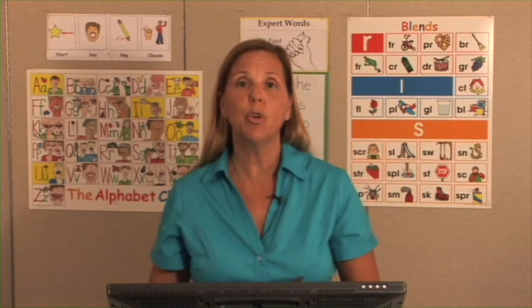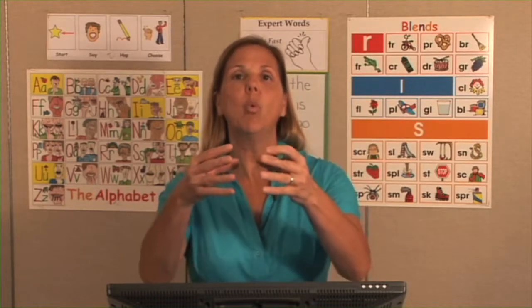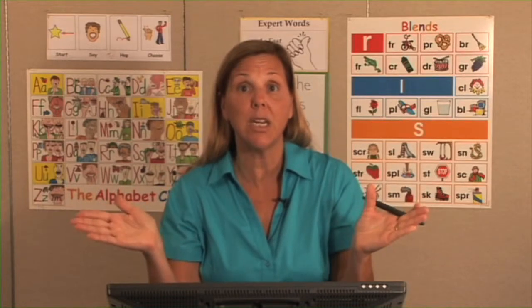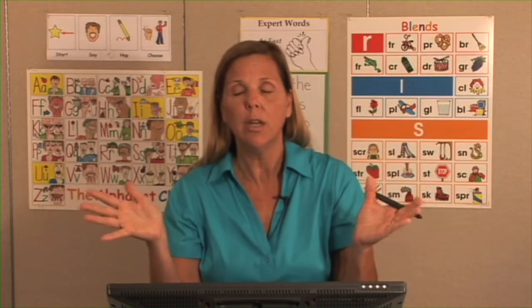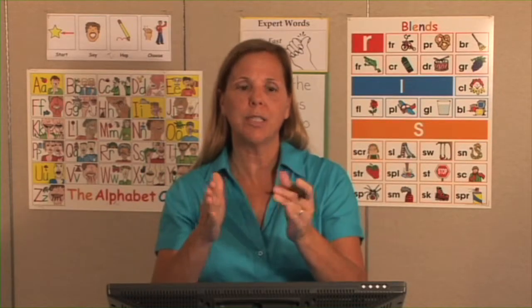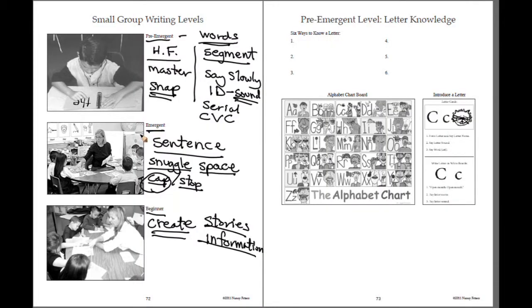The emergent group is the same, where we're all going to be writing the same sentence, so I could have 16 kids in this group if I needed to. And we're all going to be together walking through this same process because we're learning the steps of how to write a sentence.